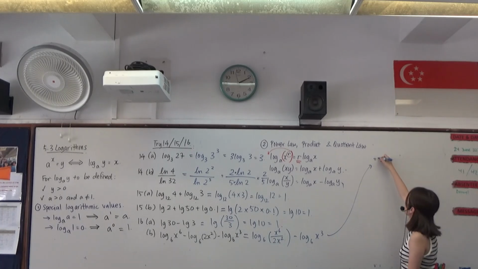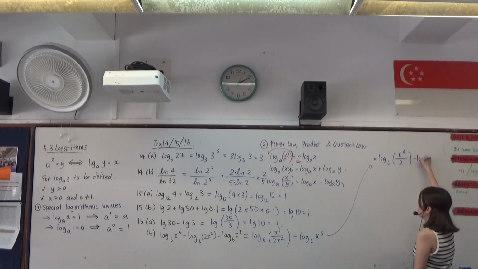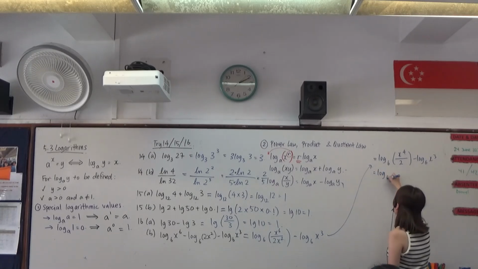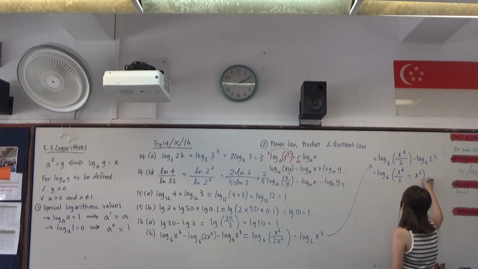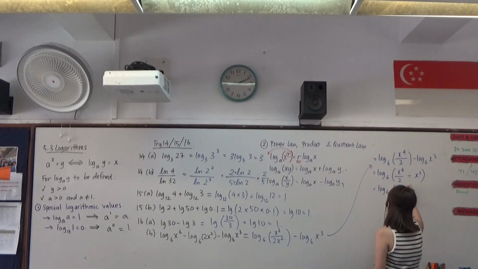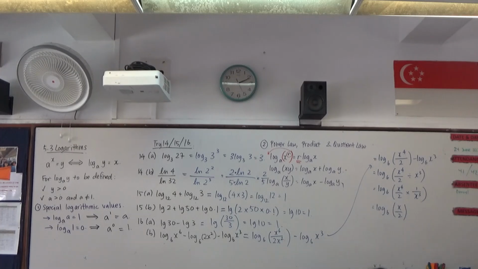Continuing over here, I will have log x power 4 ... So I'll get log x over 2 base 6.